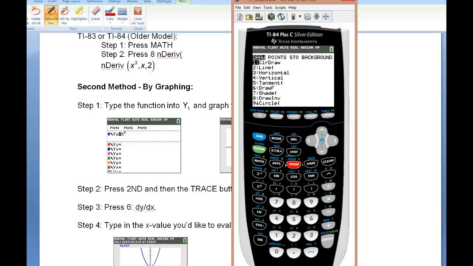Hold on, wait, let me make sure I put it in correctly. So, whoa! That's so cool. Press enter, and there is my tangent.